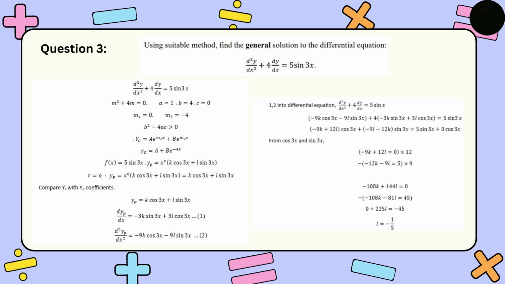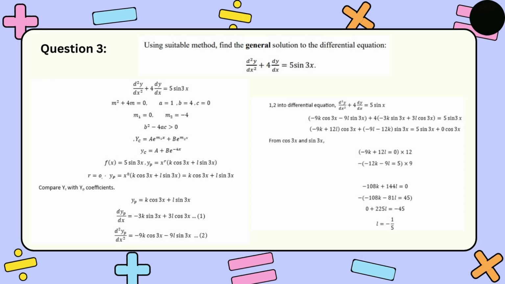And then we differentiate again the previous equation into the second order, which we get negative 9k cos 3x minus 9l sin 3x as equation 2.